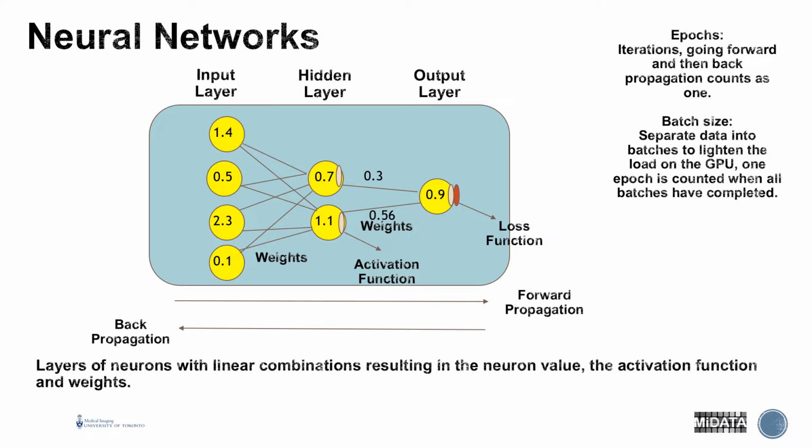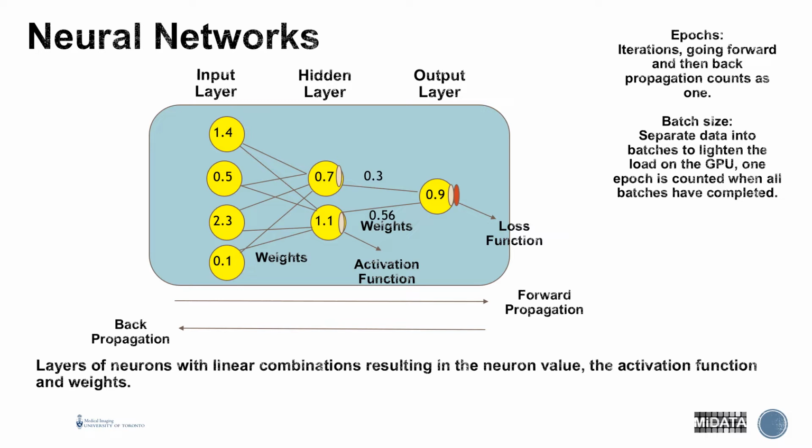Also, when you're dealing with images, for instance, which is a lot of data, you can't just feed all of the images from your training set into a single processing unit. So what you do is you batch your data into smaller batches and feed it in that way.